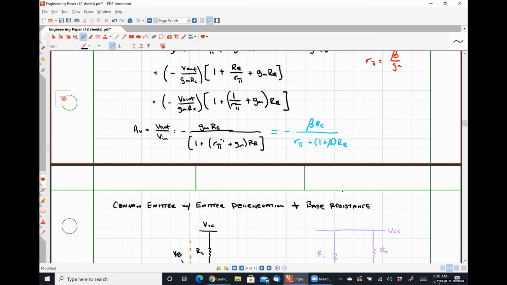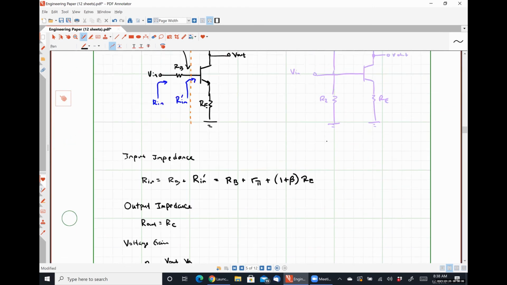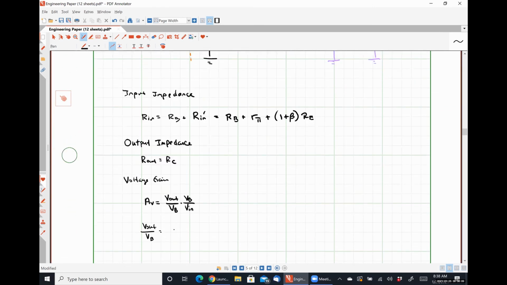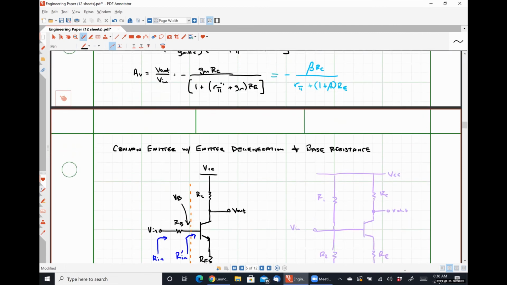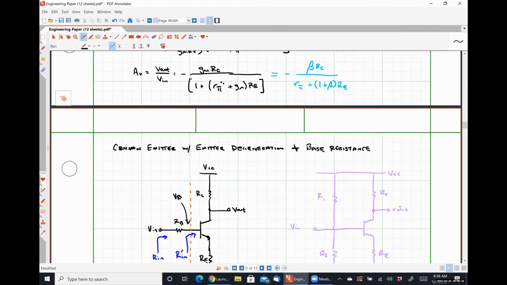So I'm going to write that as negative beta RC divided by R pi plus 1 plus beta RE. Let me make sure I copied that down correctly. 1 plus beta RE, yes, all right.